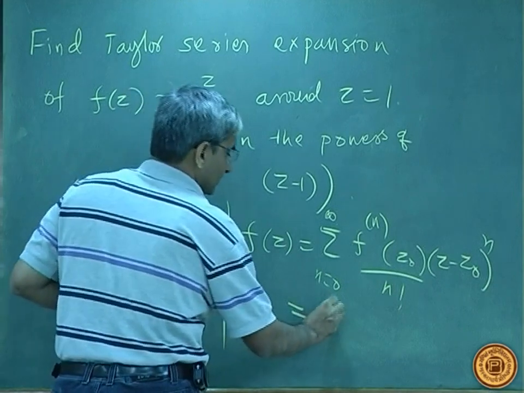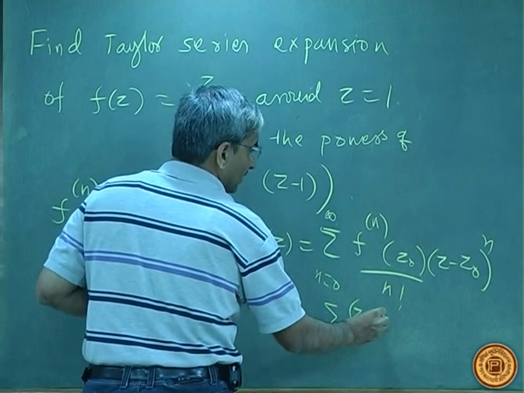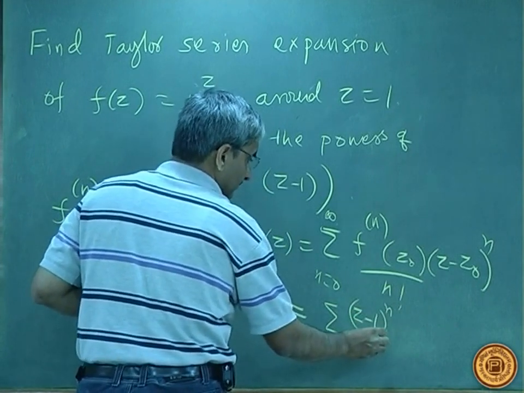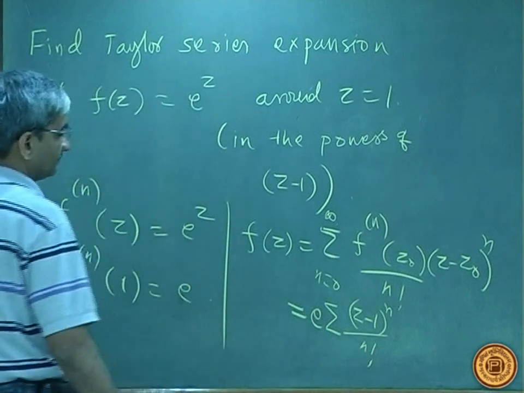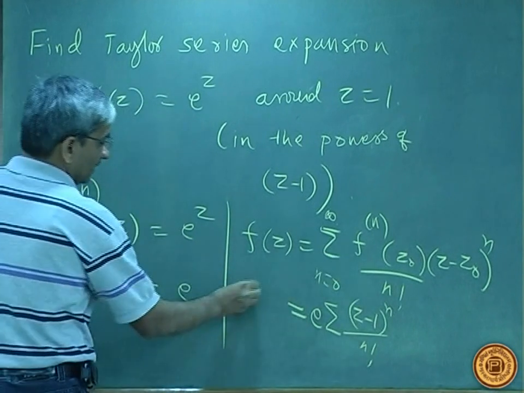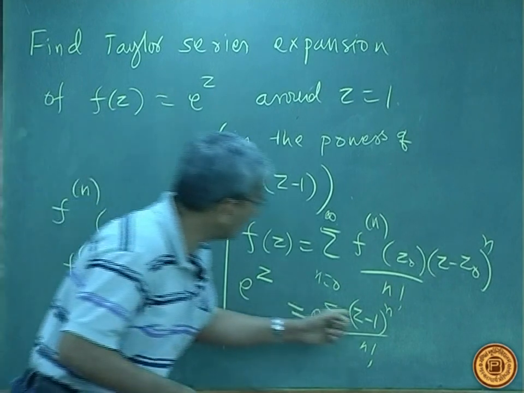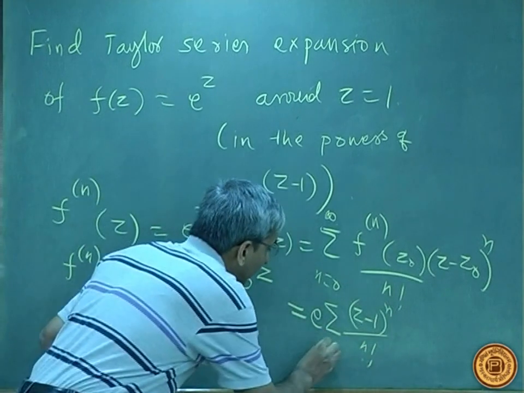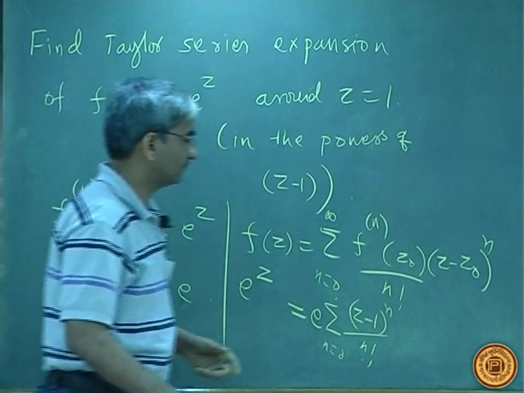So it is the sum of (z minus 1) to the power n upon n factorial, with e outside. The function is e to the power z, expanded around 1. That means it is e times the summation of (z minus 1) to the power n upon factorial n, n from 0 to infinity.